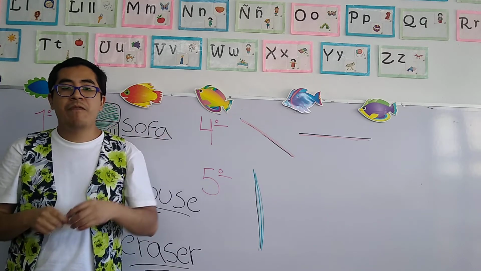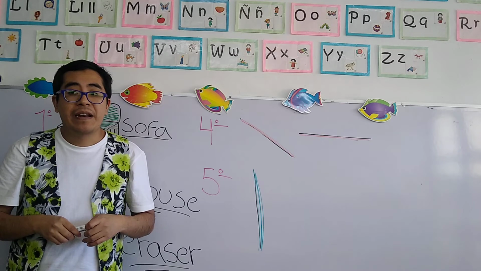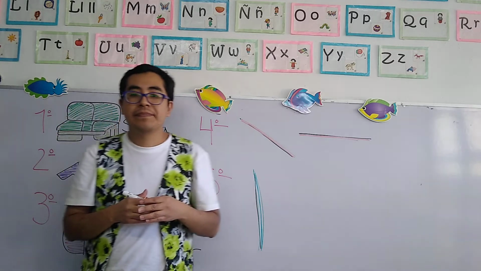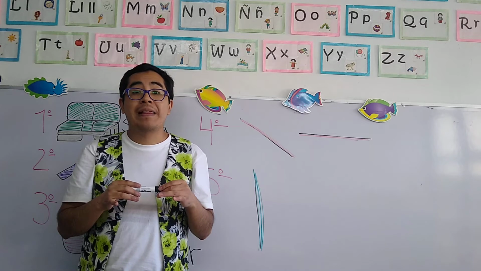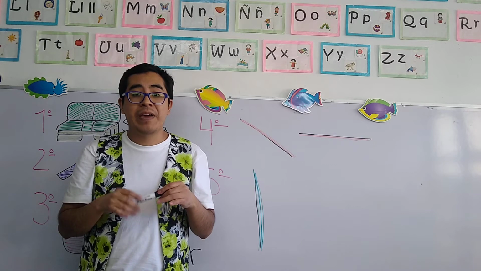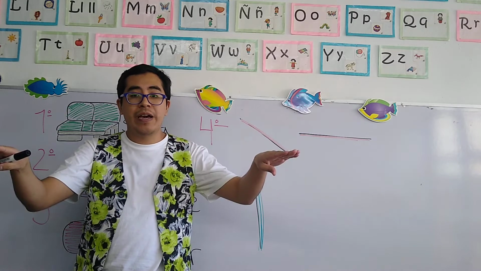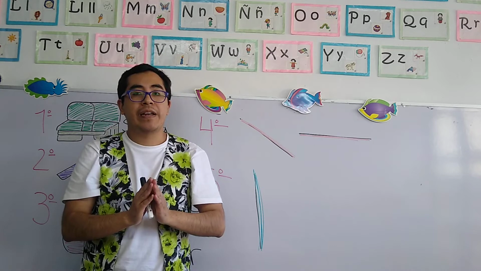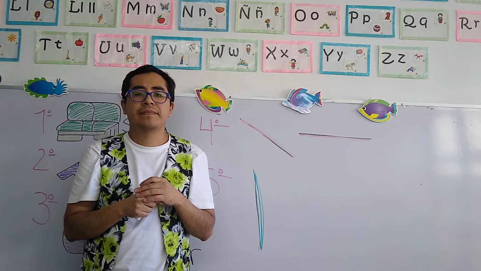Now, for number 4, we have lines, okay? Now, do you remember the word lines? Okay, we have 3 types for lines. We have horizontal line, inclined line, and vertical line. Now, what are the letters that I need for the word line?